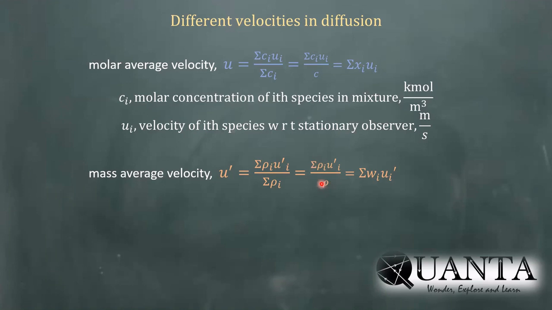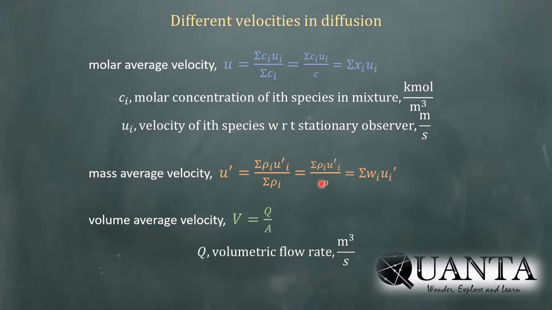There is yet another velocity, called volume average velocity, which would be just the volumetric flow rate divided by the cross-sectional area across which the volumetric flow rate is measured. That would be the volume average velocity. Corresponding to all these velocities, what are the respective Fick's equations? We will see in a while.